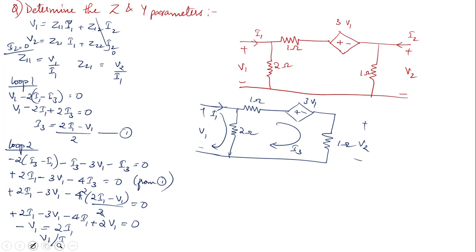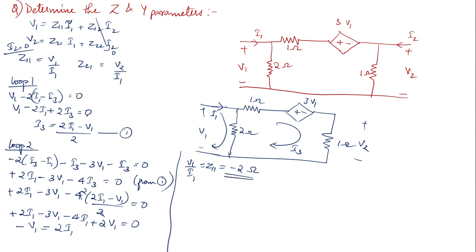Sorry, it seems I cannot write on that side, so I will just erase what I have written over there. Sorry for the inconvenience. So I will just continue over here. You know that V1 by I1 is equal to Z11. That will be equal to minus 2 ohms.